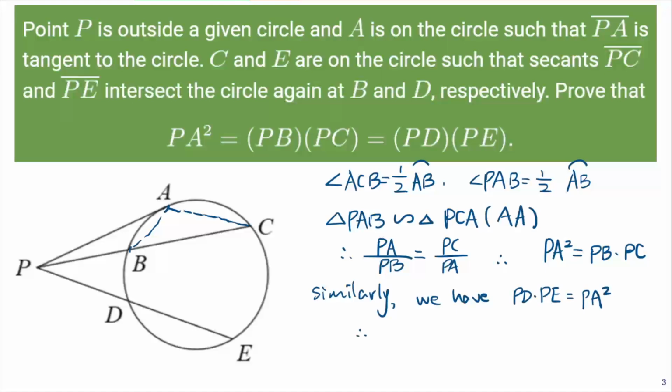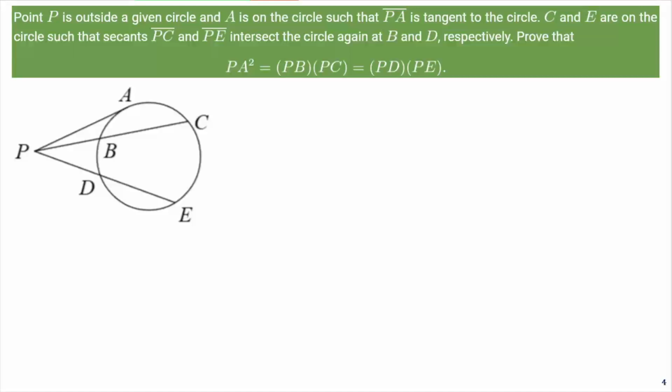So we have PB times PC equals PD times PE as well. Notice that once again there's nothing special about the tangent and the secants we have chosen except that we have the point P in common. So we can put the facts we have proved in the last two problems together, this problem and this problem, in a single statement.